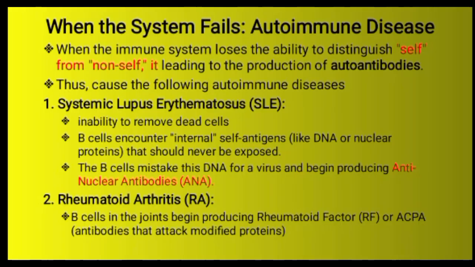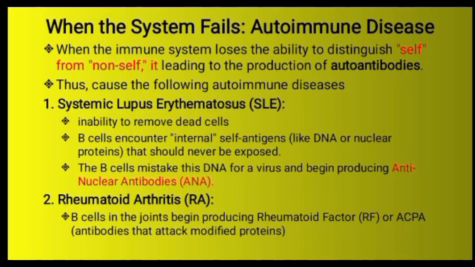So if this is happening, the situation can lead to two diseases. One is called systemic lupus erythematosus. This is the inability to remove dead cells in the body. The body is generating and also degenerating, so the dead cells can normally be removed from the body. But in this situation, the body is attacking itself and the cells cannot be removed.